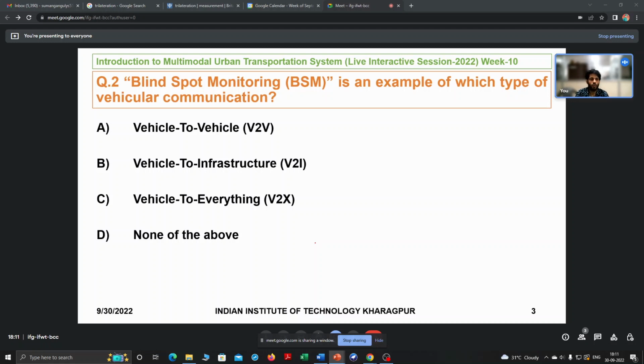I would like the participants to answer in the chat box, so that then I will discuss. What is blind spot monitoring, and is it vehicle to vehicle communication, or vehicle to infrastructure, or vehicle to everything? Since this is an interactive session, I do not want to directly tell you the answer. Rather, I would wait for you to respond.